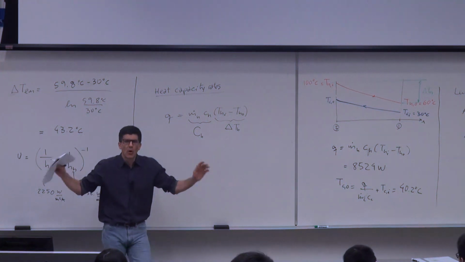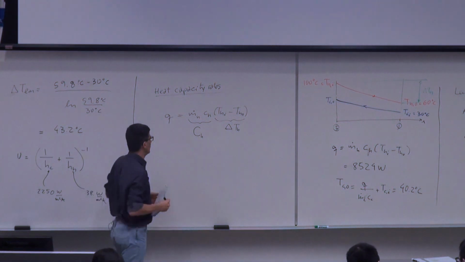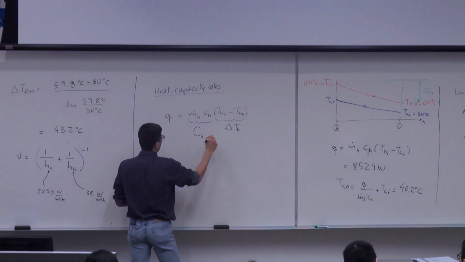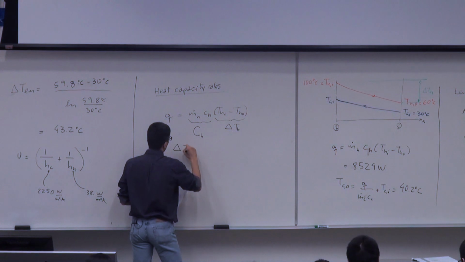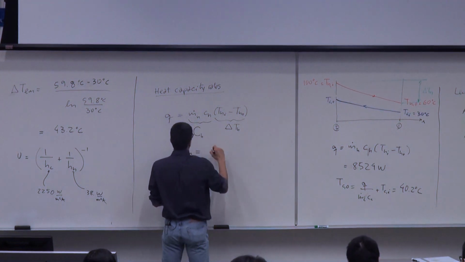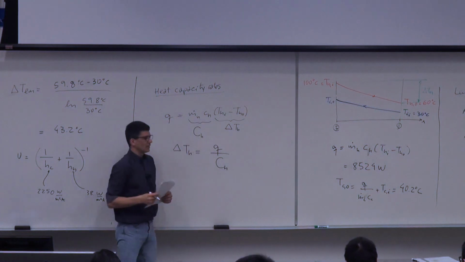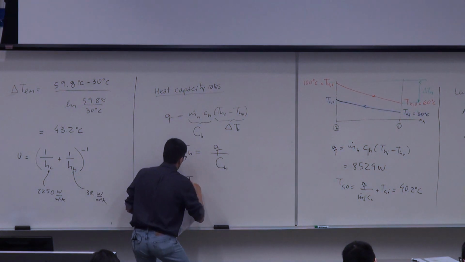Now, what's the point of this definition? Actually, there is a point, and it's an important point. It is this: I write this equation as delta TH equals Q over CH, and I would write the same for cold.